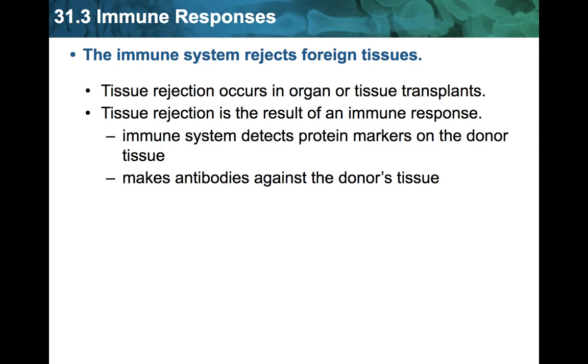Your immune system rejects foreign tissues, which is why sometimes your body will reject an organ donation. Let's say you have a kidney transplant, and your body recognizes it as not its own, so it can actually attack it and kill it, because your body is smart enough to know that's not mine. There are a lot of medications they put you on if you go through an organ or tissue transplant, and that's because of your immune system. That means your body is working the way it should.